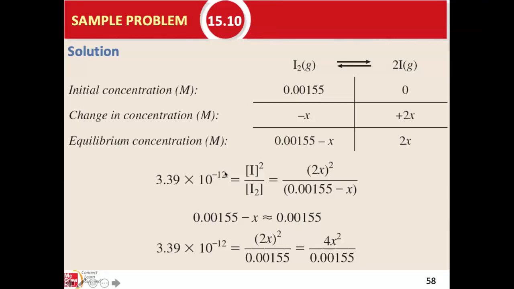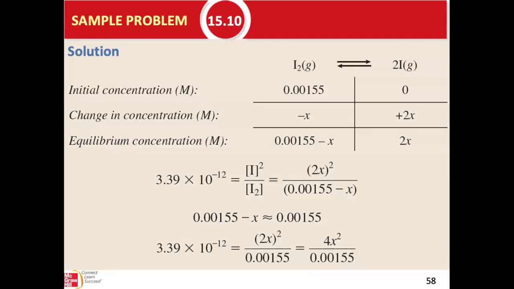Since the Kc is very small, 10 to the negative 12, we can say that the reaction did not really proceed that much to make products. Not that much of the reactant was consumed. And this expression, minus x, is really, really small. It's literally almost equal to that initial concentration because the change is not that large.